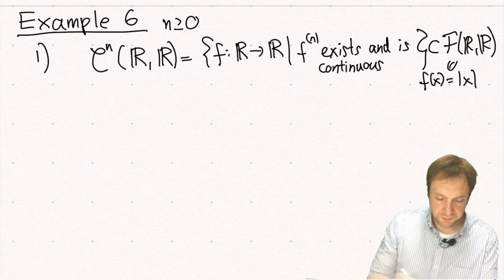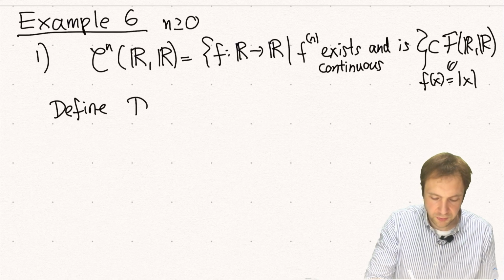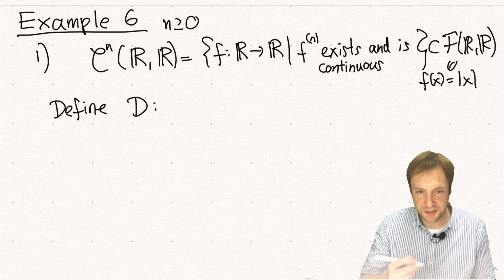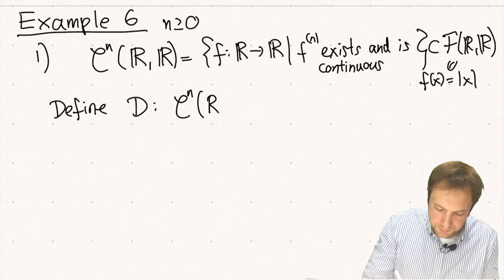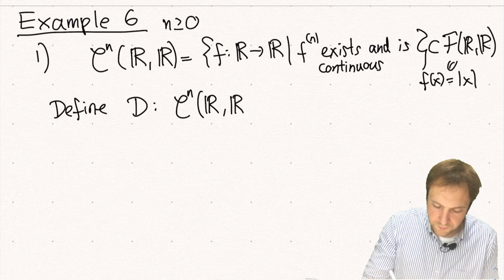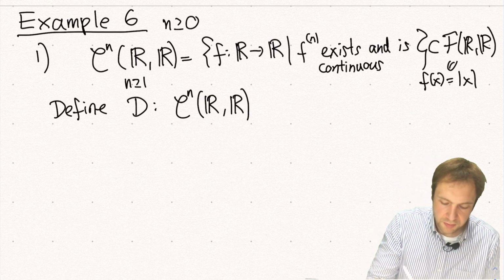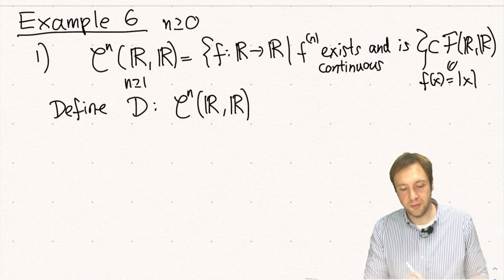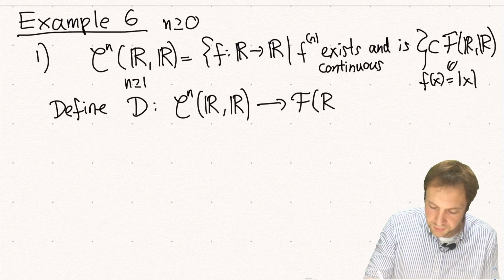So now let's define a map, which I want to call D, for taking the derivative. And this will be a map from C^n(R,R), where first of all this n needs to be greater or equal to 1, to the space of all functions.